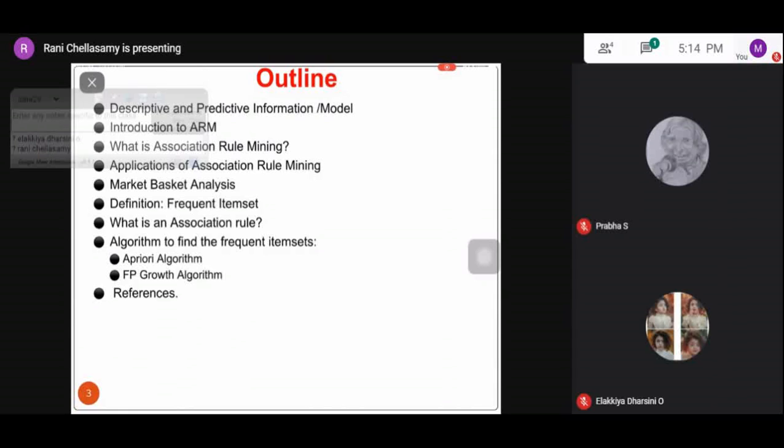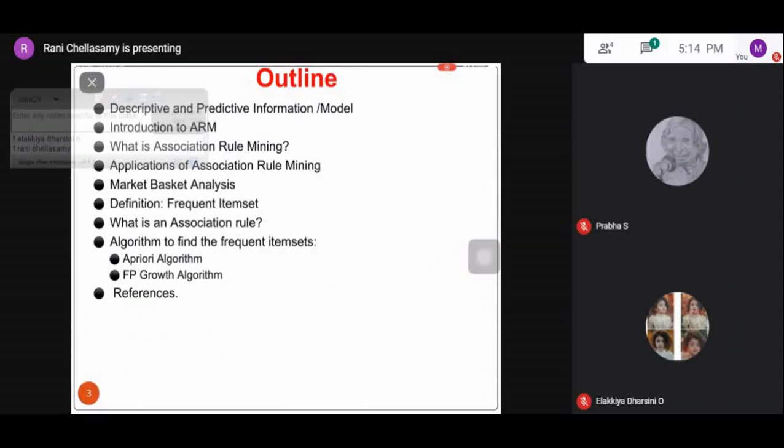The best example for association rule mining is market basket analysis. We'll be dealing with that. There are some definitions related to market basket analysis. We'll see the definition of frequent item set, and how to frame the association rule and what is meant by association rule.